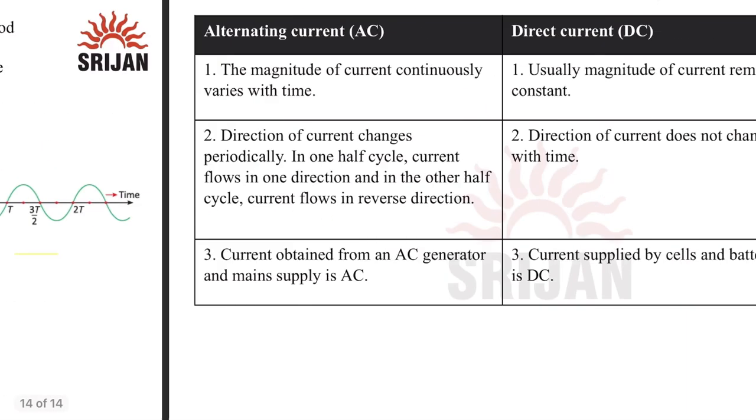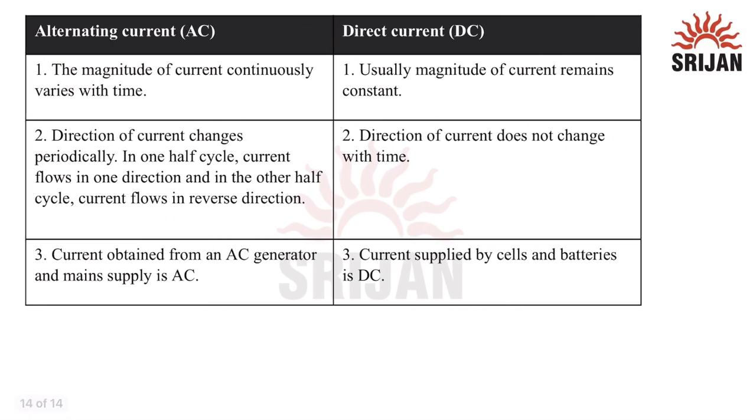Now, what are the differences between alternating and direct current? The magnitude of current continuously varies with time in alternating current, whereas in direct current, the magnitude of the current remains constant. Secondly, the direction of current changes periodically. For the first half cycle, the current flows in one direction, and in the other half cycle, it flows in the reverse direction.